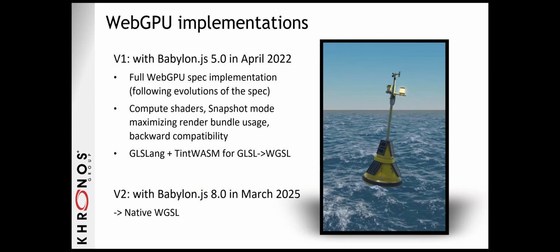So for the V2 of the WebGPU engine that is already there, we really took a native WebGPU approach, and I'm going to go into a little more detail there.